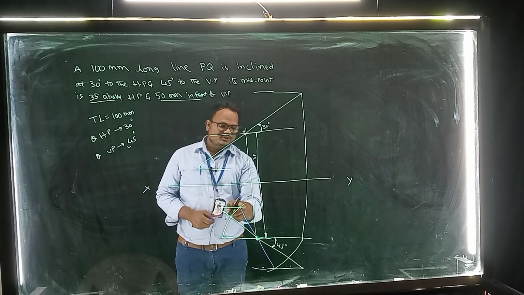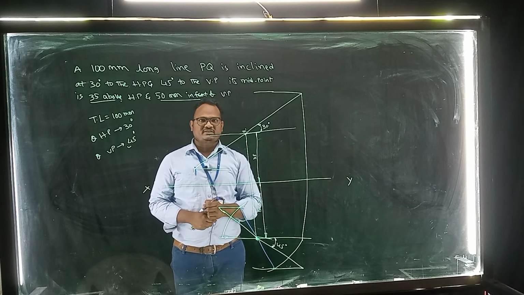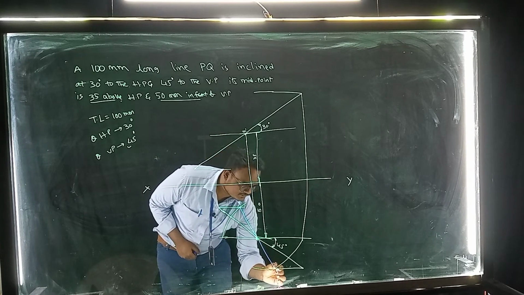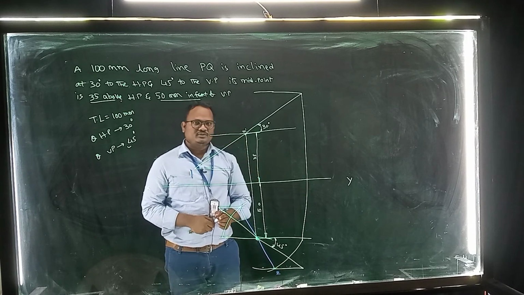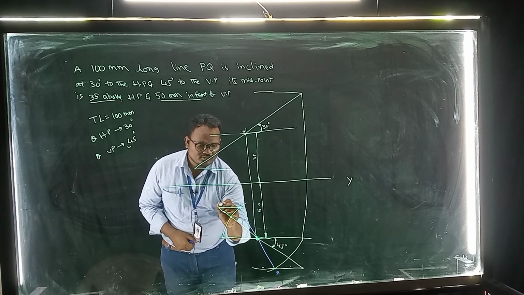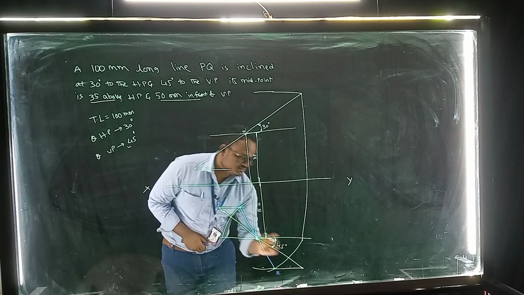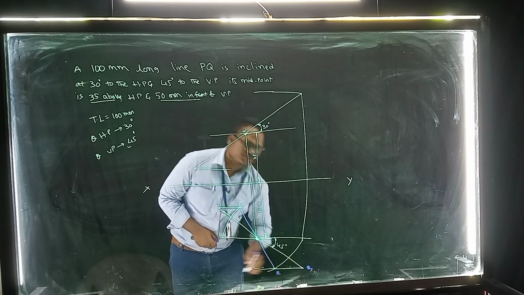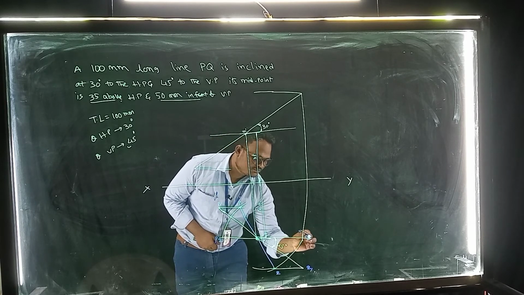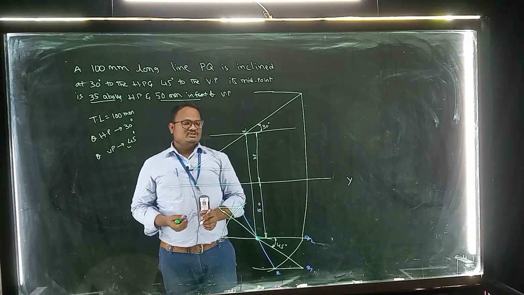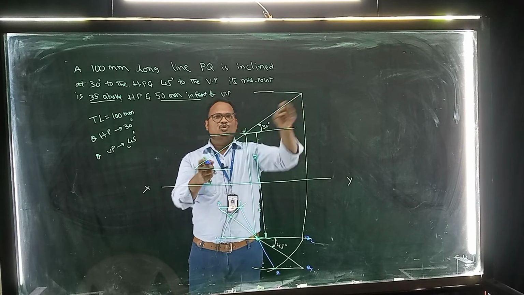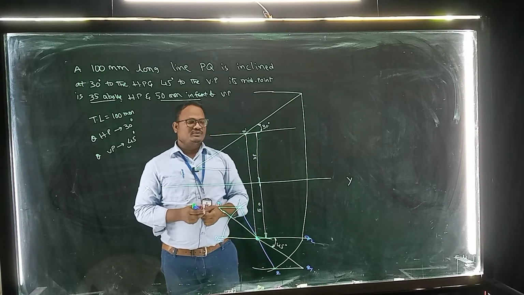This top view is going to pass through the midpoint M. So this is PQ, the final top view. This is P1, Q1, and this is P2, Q2. This is the final top view we got from the true length of the front view.